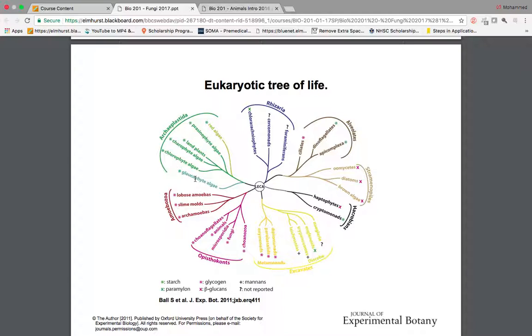The choanoflagellata. They're right there, branched right next to the animals, right? Choanoflagellates and animals are together, and just off to the side of that are fungi. Of all of the protists, the most closely related to the animal line are the choanoflagellata, the choanoflagellates. So which one of these theories is probably the most reasonable for the origin of animals?